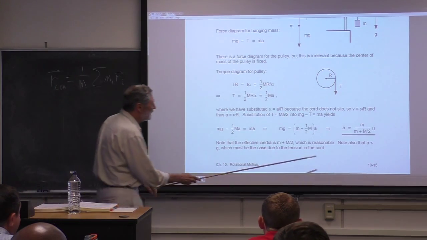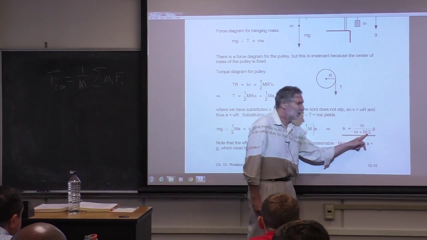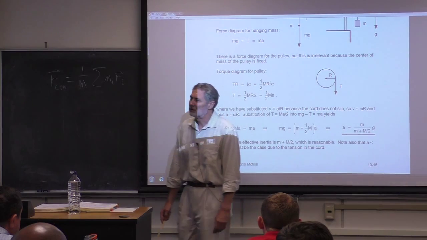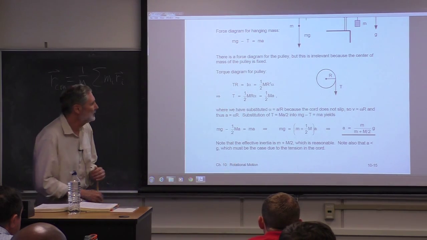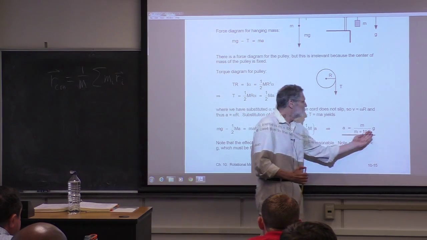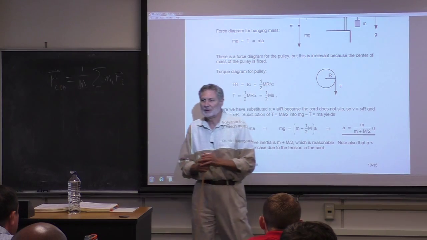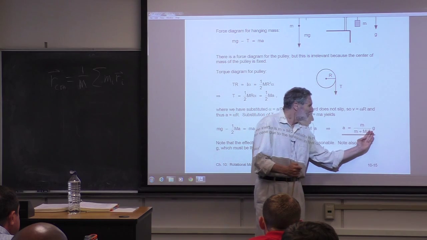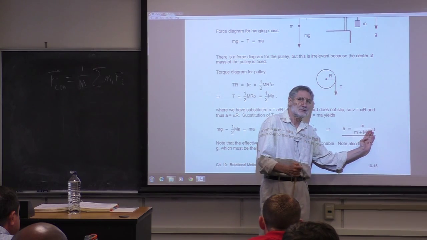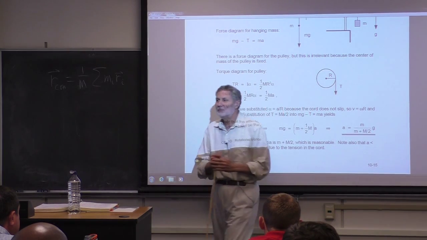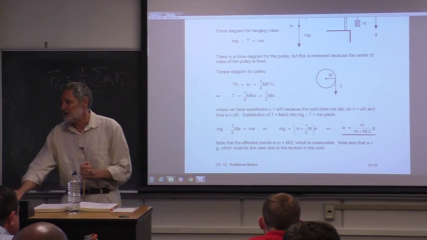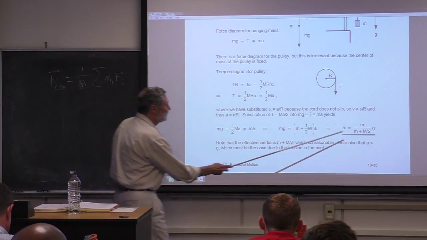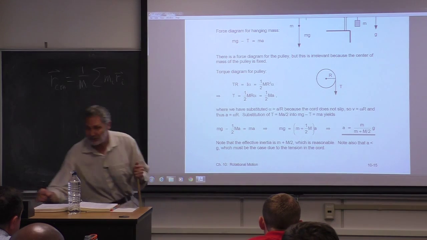But why is that factor of 2 there? You might guess that the center of mass is at the center of the disk. But it's because the inertia here is going to depend upon how that mass is distributed.